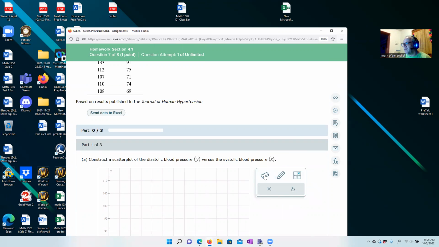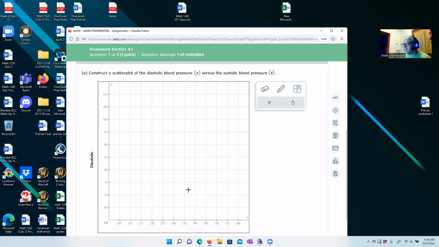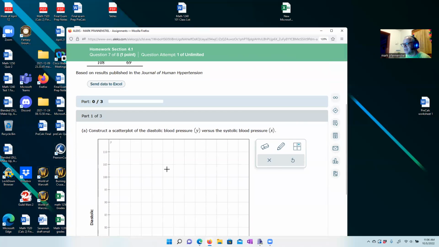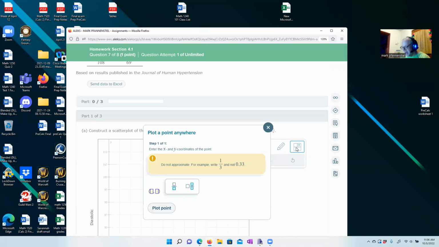So again, I don't want to use the pencil because I don't trust me or Alex to accurately put the pencil where it's supposed to be. So I'm going to use this point plotter tool here, and then we're just going to go in and say, okay, well, I've got 123, and the next is 77. Plot it. And then it gives me a brand new one, 119.